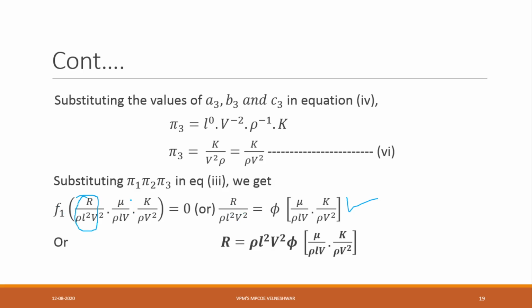Because if you see, x1 is equal to some value into x2, x3 and so on to xn. We are having only two values, that's why I am taking x2 and x3. So by solving this equation, R is equal to rho L square V square into 5. Why are we getting 5 here? Because there it is a K, instead of K I am writing 5. That is mu divided by rho LV into K divided by rho V square. This is my final equation.